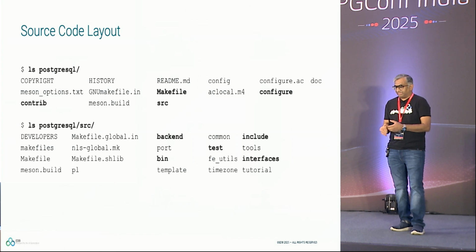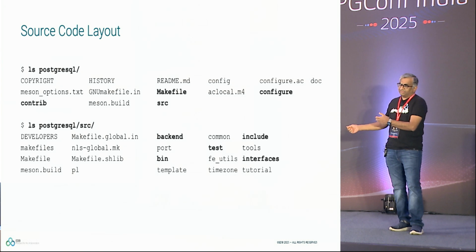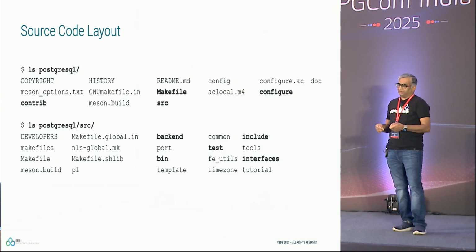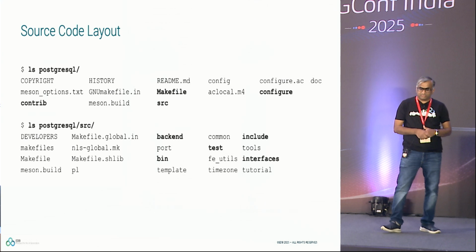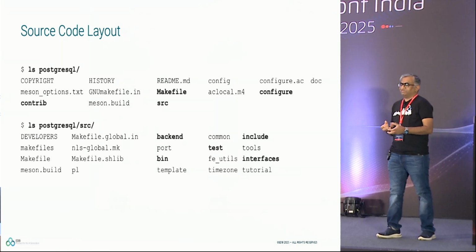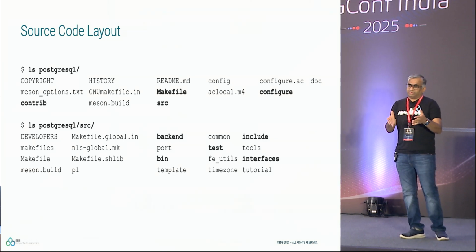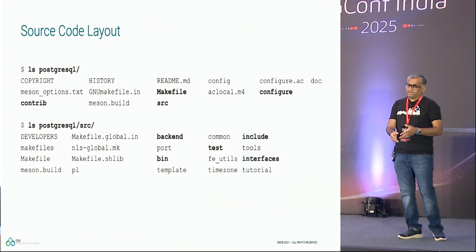By that name, you would imagine that src includes most of the code that is required for Postgres to function, whereas contrib is nowadays known as extensions. All of the built-in extensions are in the contrib module.